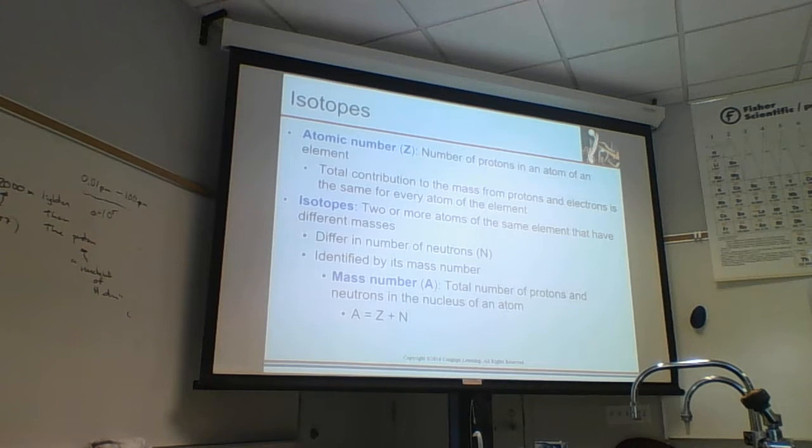All right, so first we're going to look at the composition of these atoms and a little bit about the structure. And so here we have the nucleus in the center. This contains protons, which we call P plus, and neutrons.